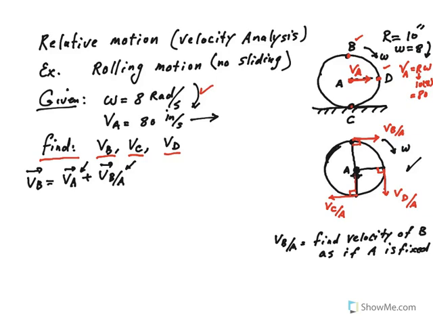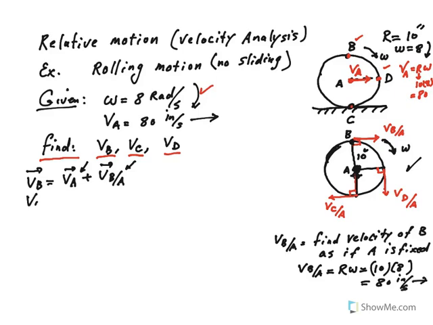And this is the picture that I've drawn up here for you. See, if I make A fixed and I want to find velocity of B here, and this guy is rotating clockwise, right? So VB slash A must be equal to R omega. R is the distance between A and B, right? That's 10 inch, the radius, times 8 radians per second. So that becomes 80 inches per second to the right.